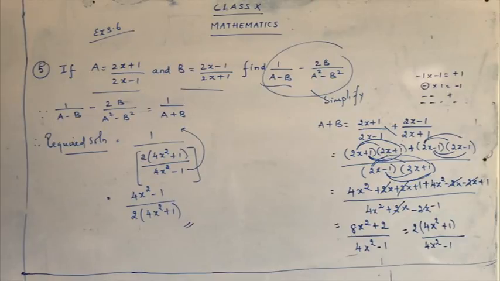So a value is given to you, b value is given to you, and you are going to prove LHS is equal to RHS. So have you taken down the question? Okay, let's start with the answer part.